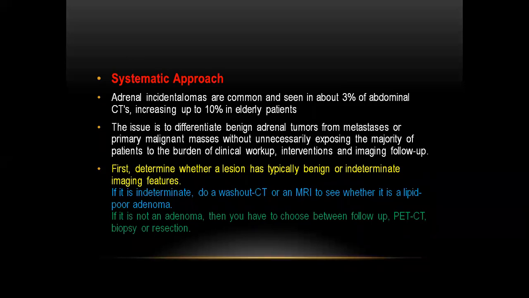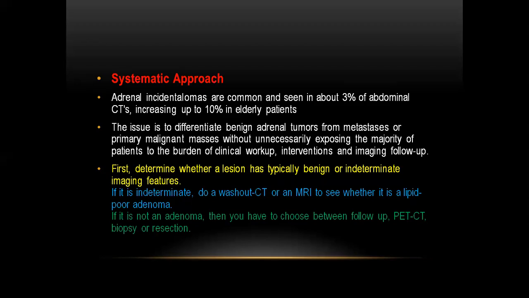A systematic approach to adrenal lesions. Adrenal incidentalomas are common and seen in about 3% of abdominal CT scans, increasing up to 10% in elderly patients. The issue is to differentiate benign adrenal tumor from metastasis or primary malignant masses without unnecessarily exposing the majority of patients to the burden of clinical workup, intervention, and imaging follow-up.